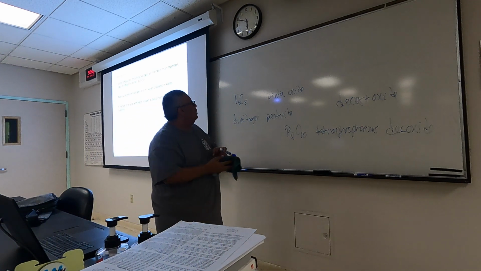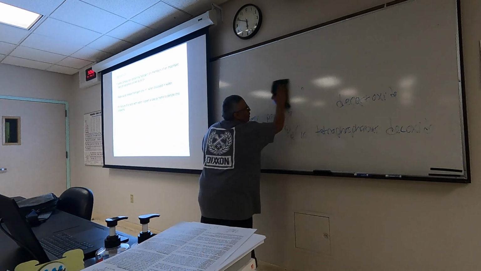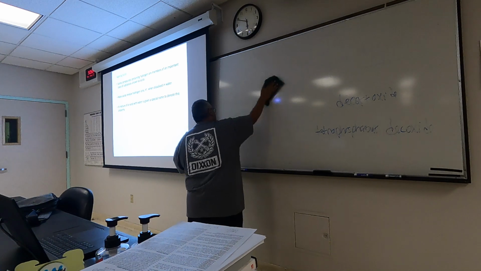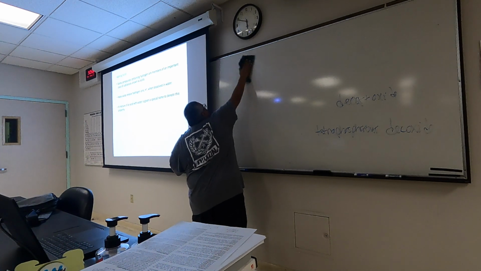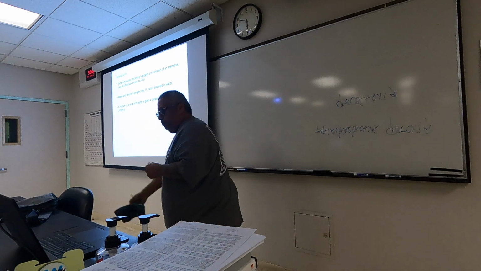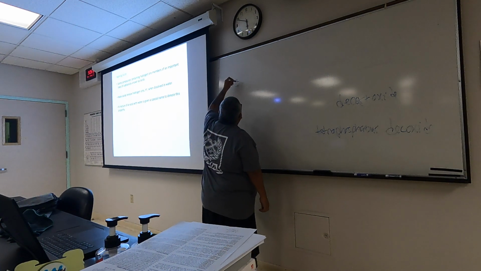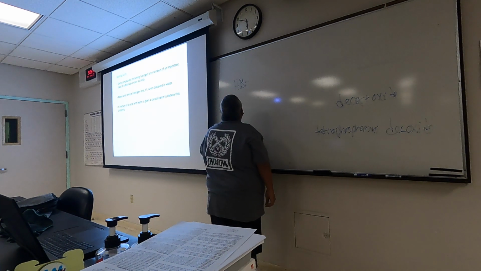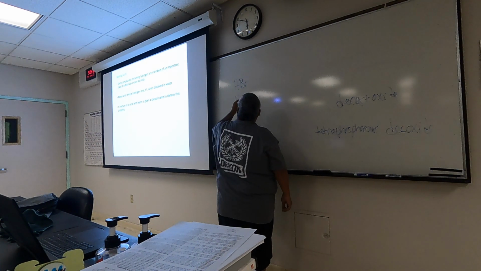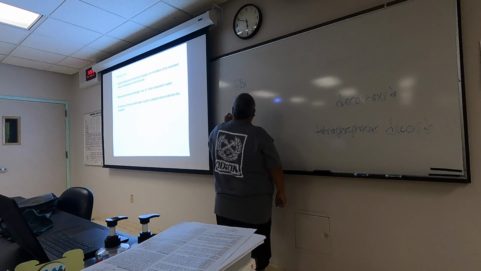Naming our acids. So two types of acids. One is a binary acid. So binary acids look like this. This is a binary acid.